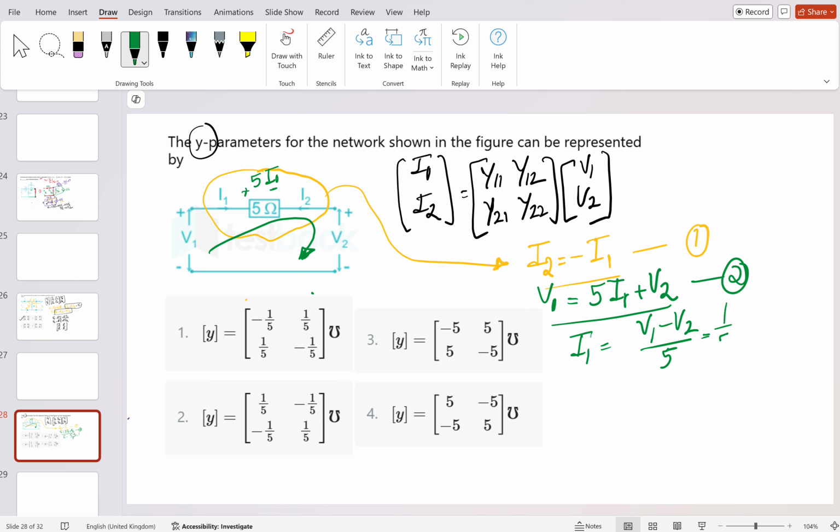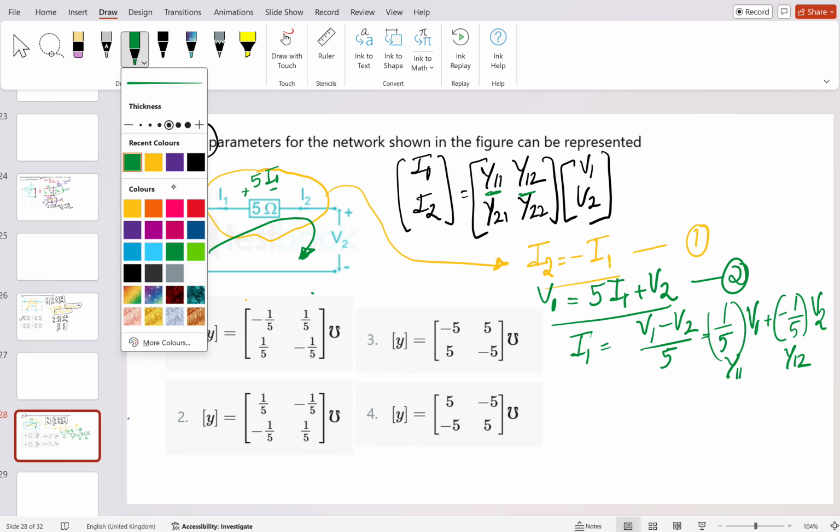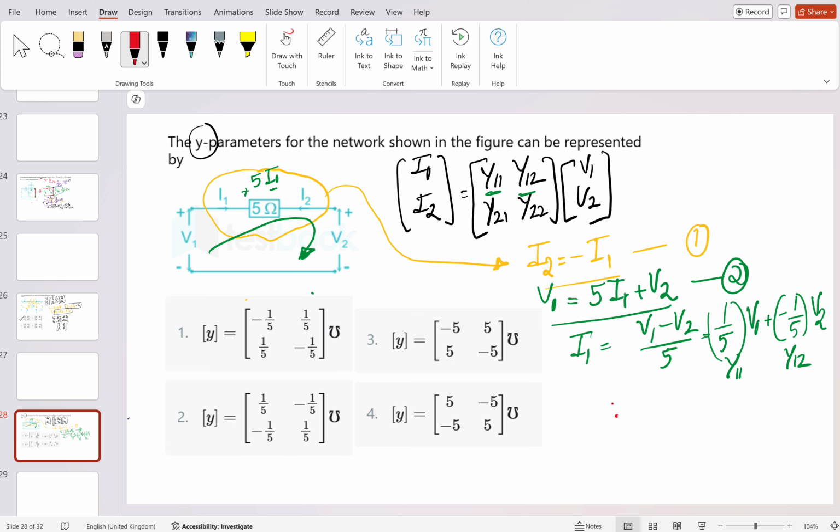So it becomes 1/5 times V1 plus minus 1/5 times V2, which we needed because this is the Y11 and Y12 parameter. From the options, since Y11 is 1/5, option 2 will be the correct one.